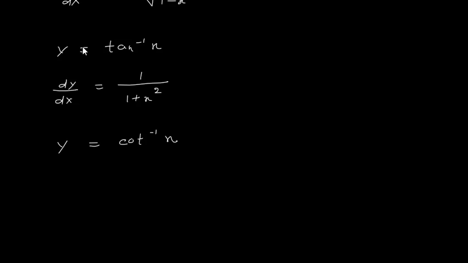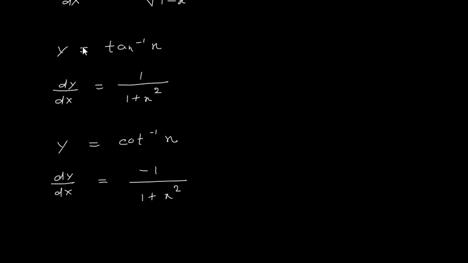In the same way, we can find the derivative for tan inverse x. When y is equal to tan inverse x, dy upon dx is equal to 1 upon 1 plus x square. When y is equal to cot inverse x, dy upon dx is equal to minus 1 upon 1 plus x square.